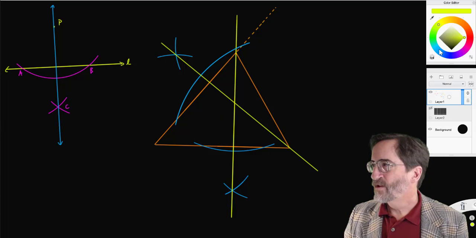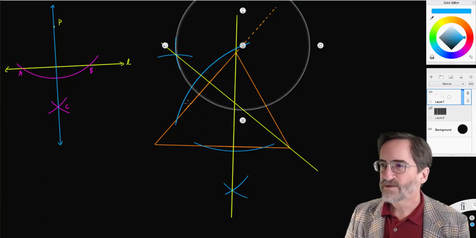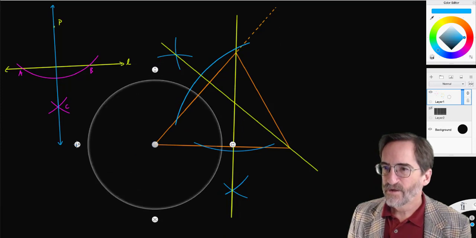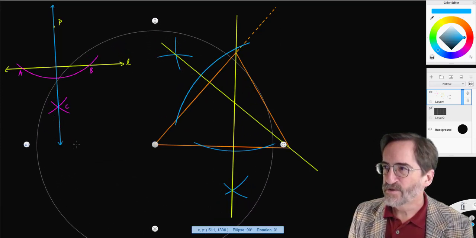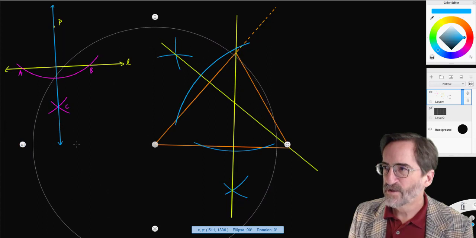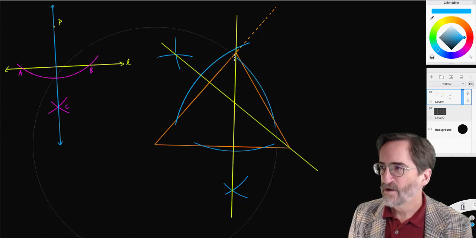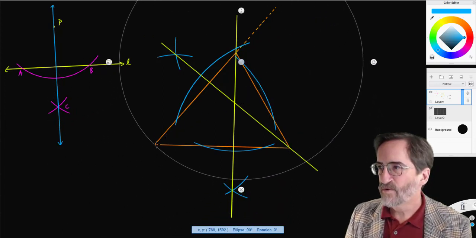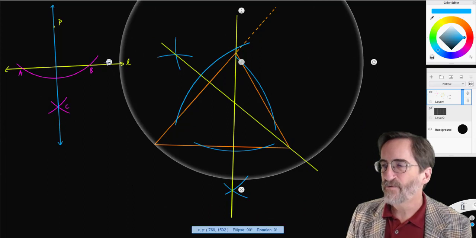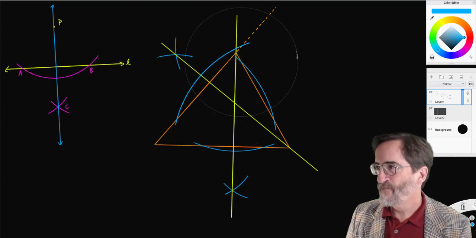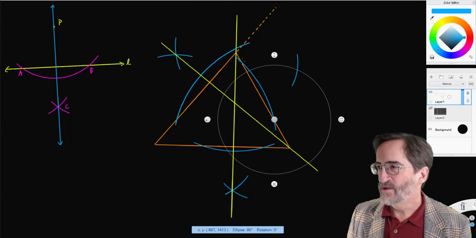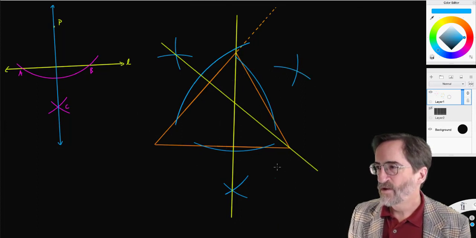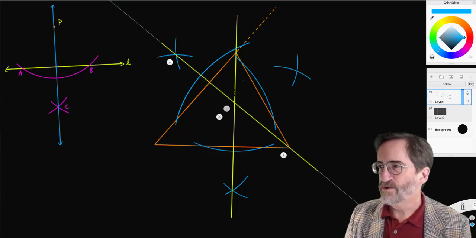Okay, so grab our compass, put our compass point on our vertex, draw an arc that crosses the opposite side twice. Okay. Go to one of the intersection points, draw an arc outside the triangle, and copy that arc to the other intersection point and draw the altitude from there.